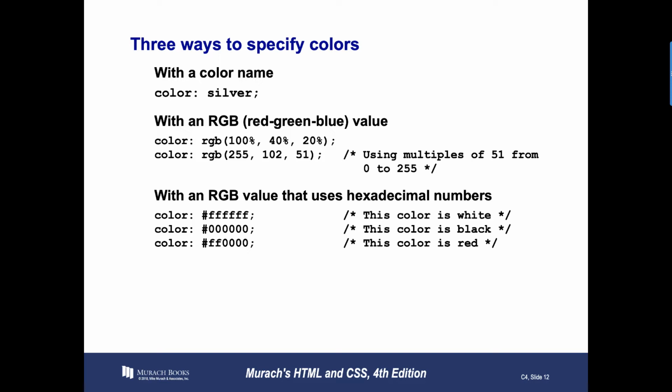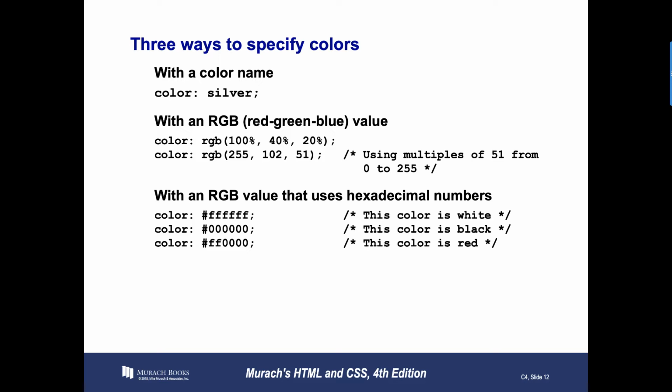So RGB represents red, green, blue value, and you can use percentages like you see on the screen there, right? Or you can use these numbers 0 through 255 for red, green, and blue. And in Canvas, I link to, I believe, the Adobe color site where you can figure out what colors things are. In fact, you could do it in Visual Studio Code.